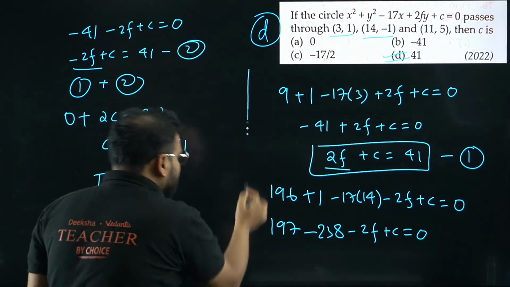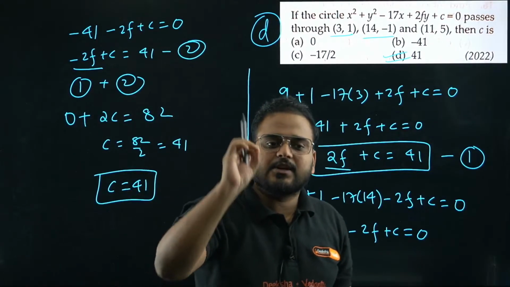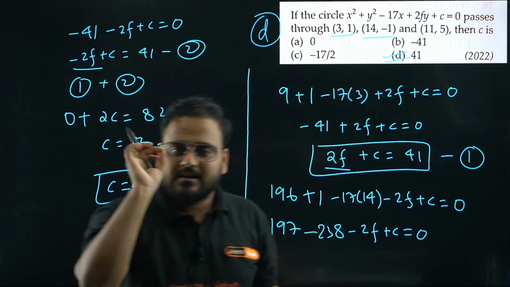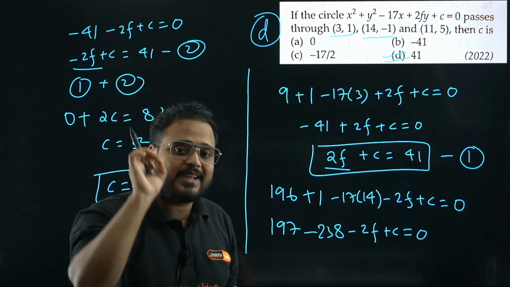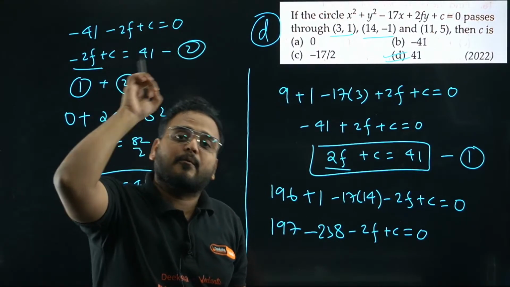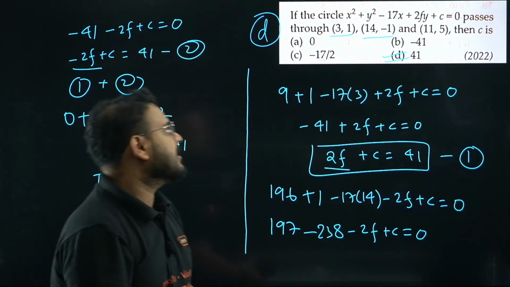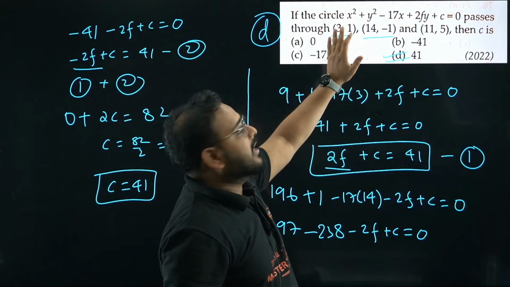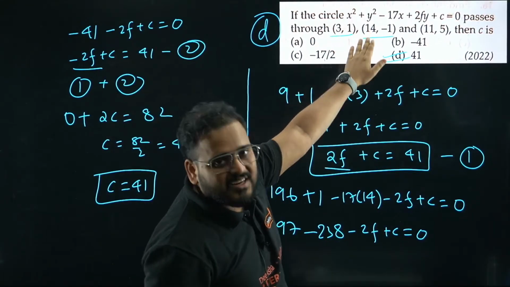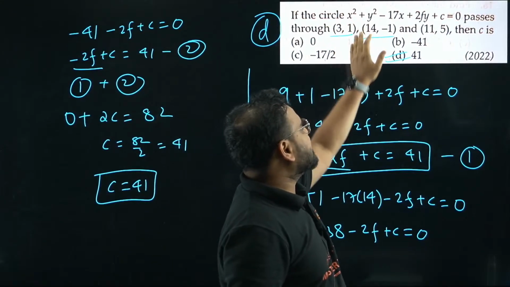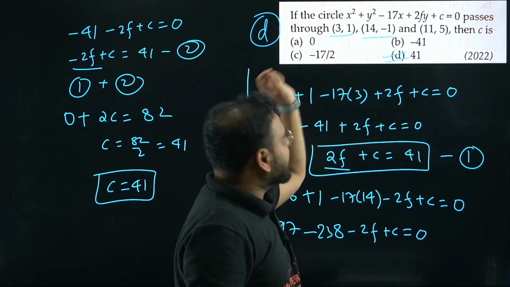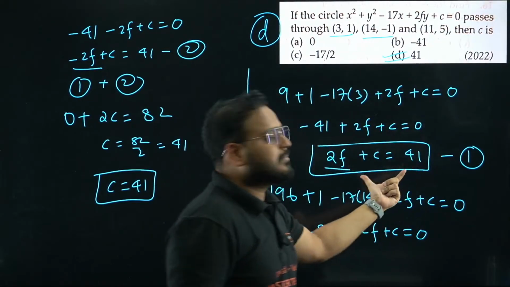This question is about one statement that you learnt in algebra. What is the statement? The point which lies on the curve will satisfy the equation of the curve. What it means: if the point (3, 1) lies on the curve, which is given as a circle in this particular case, if you put x as 3 and y as 1, it will satisfy the equation. That's why you're getting this statement over here.